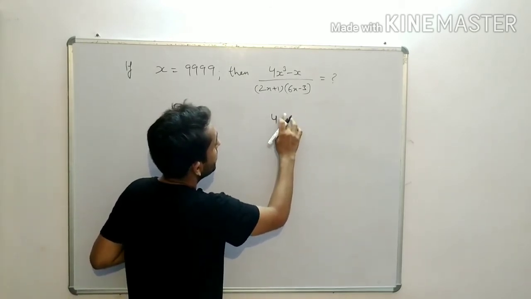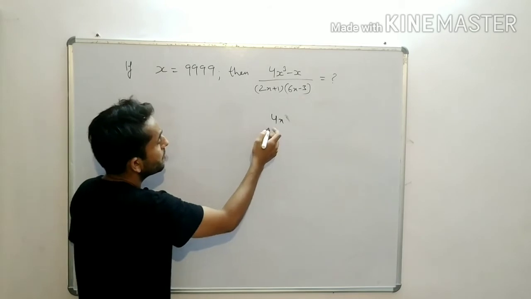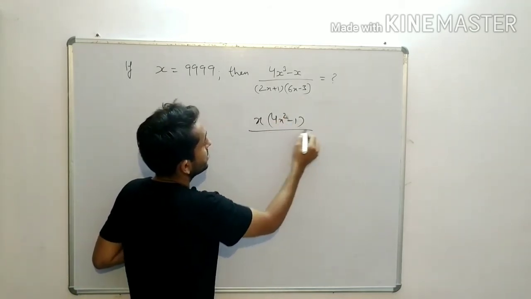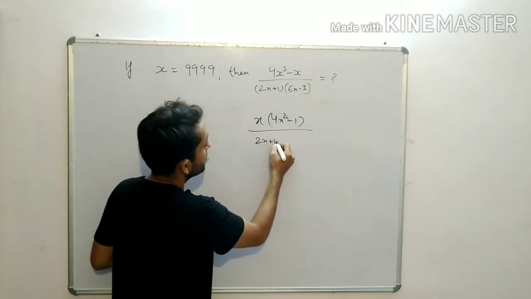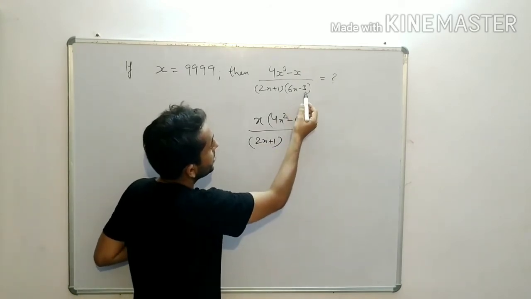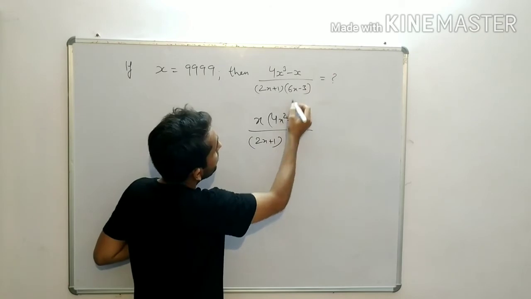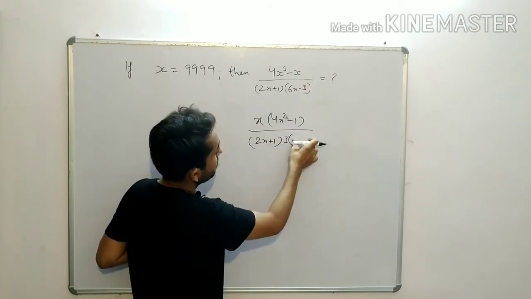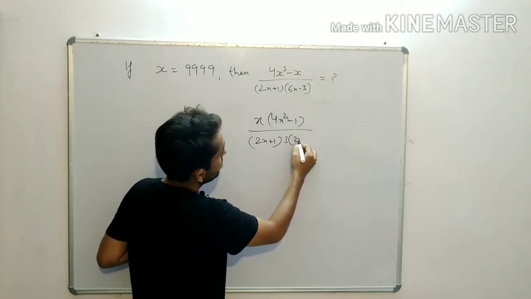4x cube, taking x common out of it, it becomes x times 4x square minus 1. Now 2x plus 1 and 3, taking 3 common out of it, it becomes 2x minus 1.